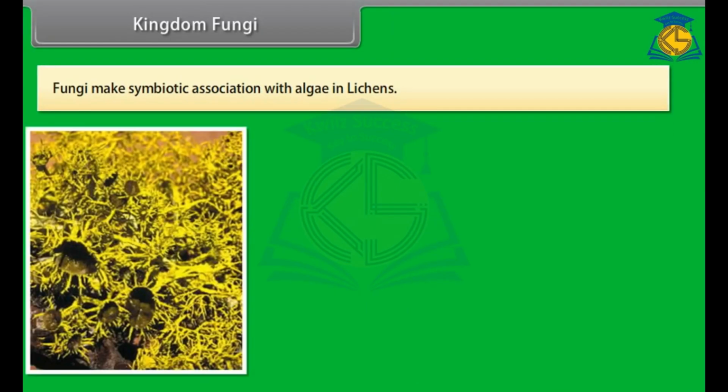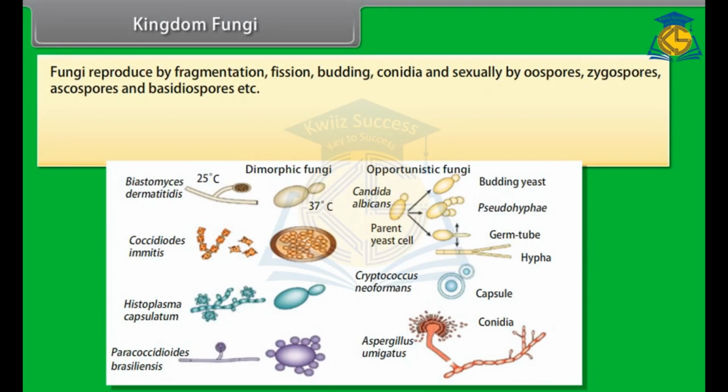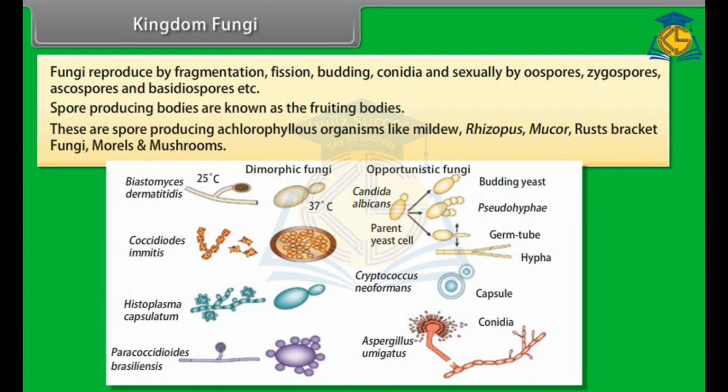Fungi make symbiotic associations with algae in lichens. Fungi reproduce by fragmentation, fission, budding, conidia, and sexually by oospores, zygospores, ascospores, and basidiospores, etc. Spore-producing bodies are known as fruiting bodies.